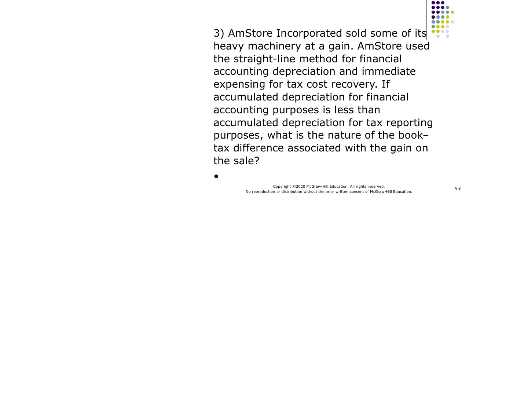Let's just pause a minute. Immediate expensing for tax cost recovery: what is that code for? Well, that's code for it either got to use bonus depreciation or Section 179.